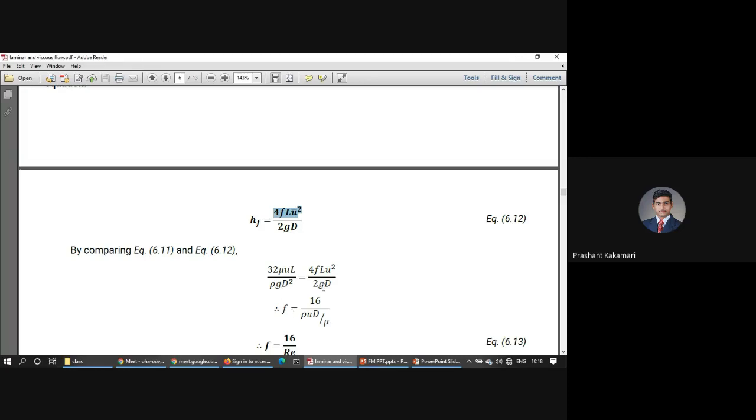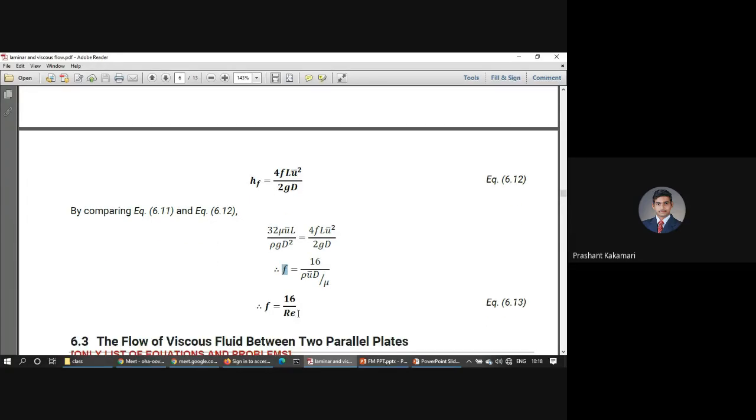By equating the Hagen-Poiseuille equation and the Darcy-Weisbach equation, he found that the friction factor is 16 divided by Reynolds number, or 16 divided by rho into average velocity into diameter divided by mu. So either you can remember 16 by rho V d by mu, or you can remember 16 by Reynolds number.